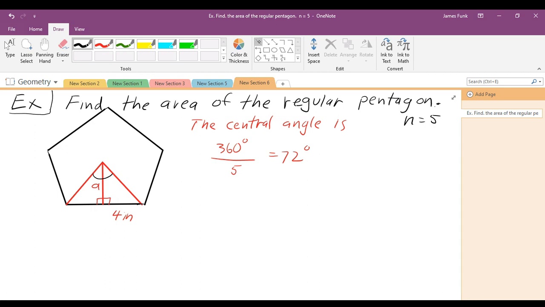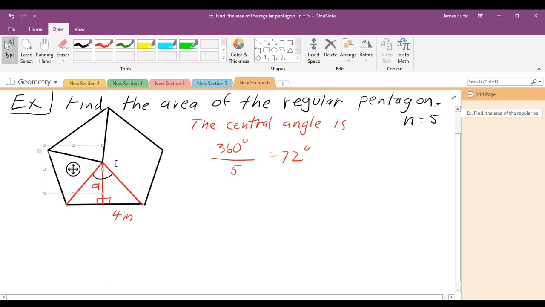If you had all those central angles drawn in there, they would all be the same because these 5 sides are congruent, and so their central angles would be congruent.